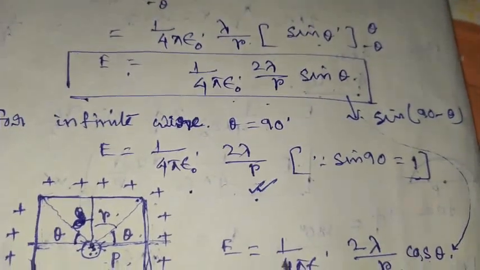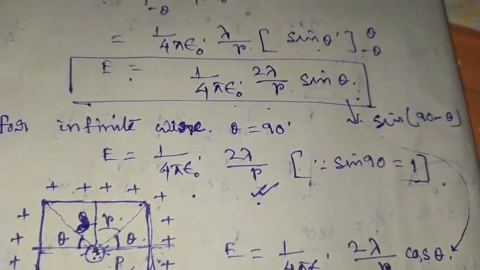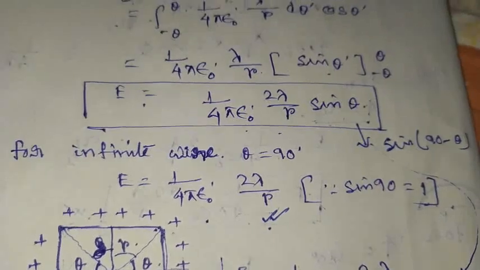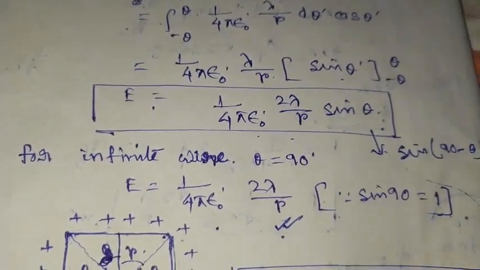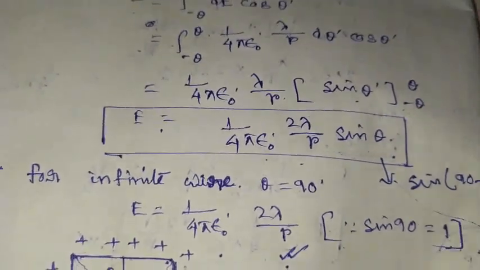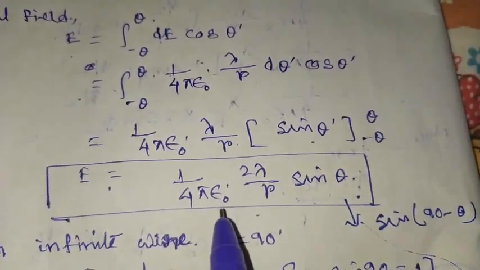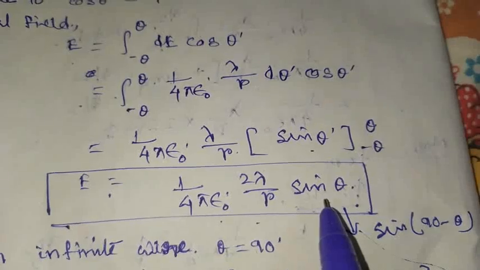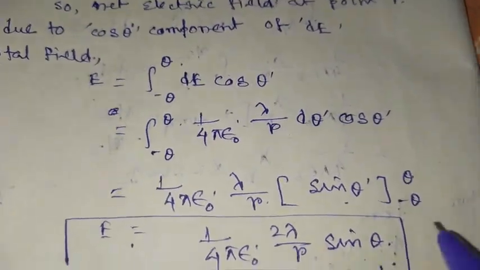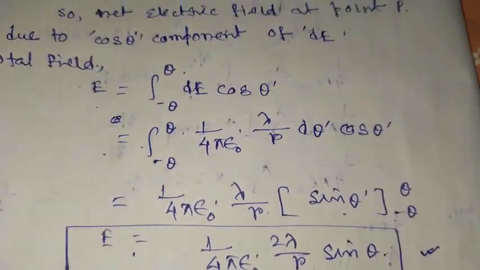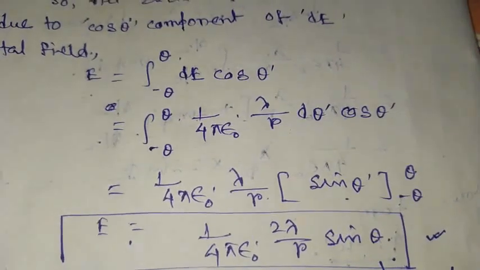So electric field E will be 1/4πε0 2 lambda by r cos theta. So you have to remember this formula, E equals 1/4πε0 2 lambda by r into sin theta. If you can remember this formula, then the problem can easily be solved.